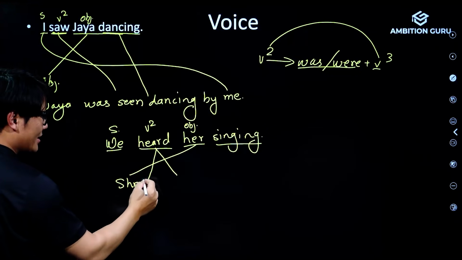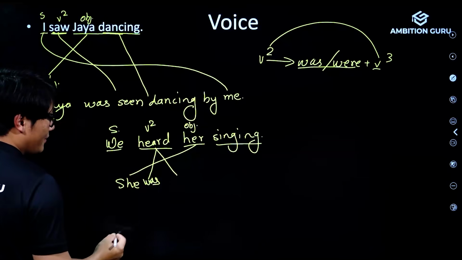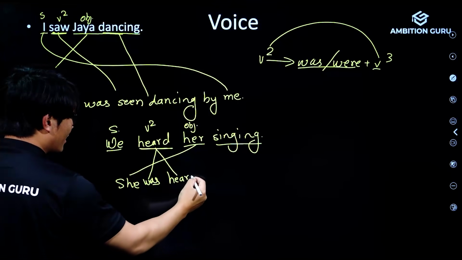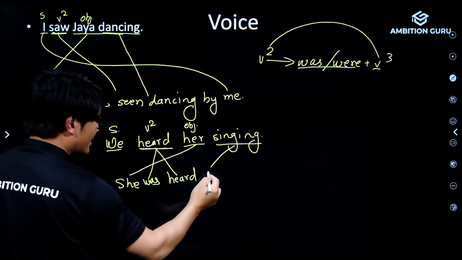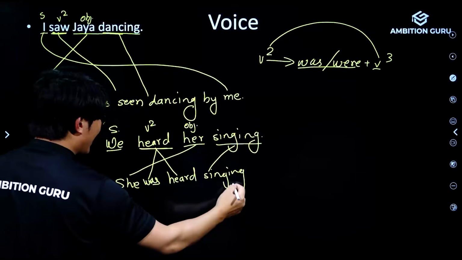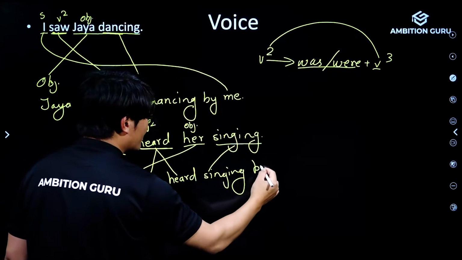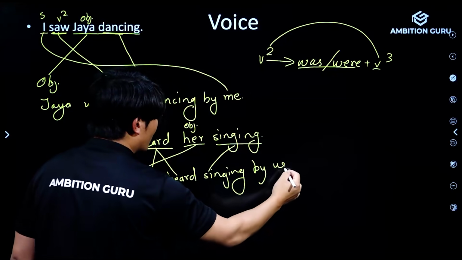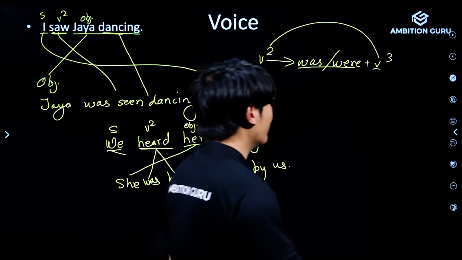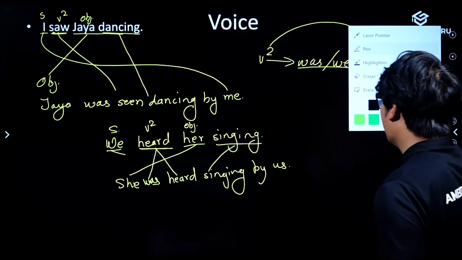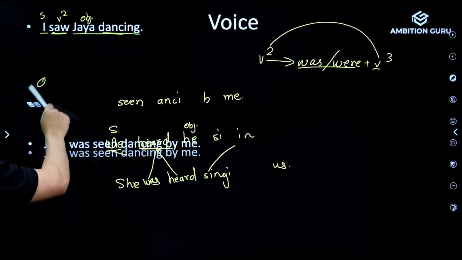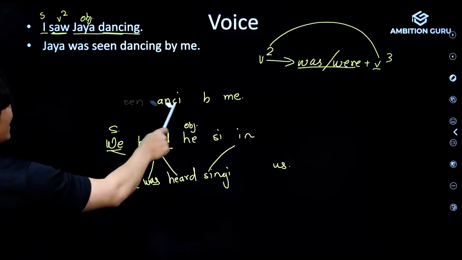So was is the be verb, and verb 3 of hear is heard itself, and we need to write singing now. Okay, she was heard singing by us. Clear? Wow, thank you all of you for sending me the correct answers. You are having good practice. So the answer is Joya was seen dancing by me.